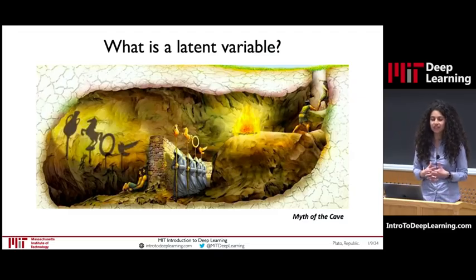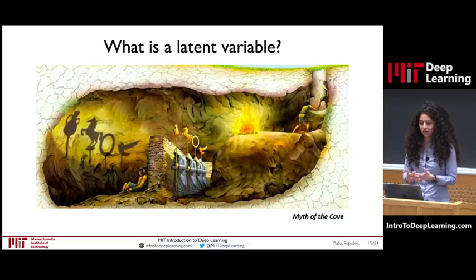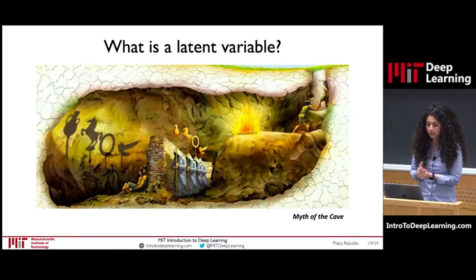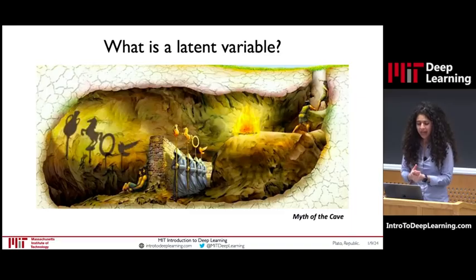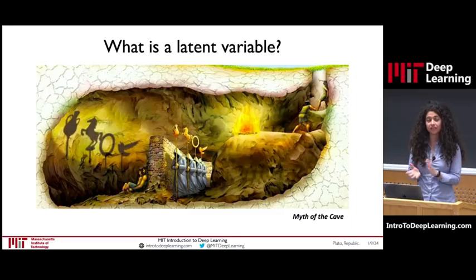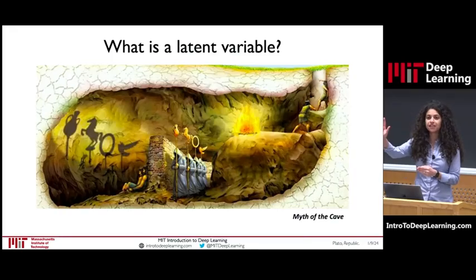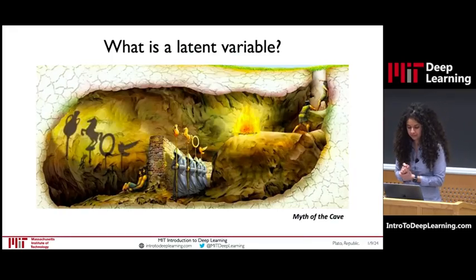The example that I love to use to illustrate this is a story from Plato's work, The Republic, dating back many years to ancient Greece. This is known as the myth of the cave. In this myth, there are a group of prisoners who are forced to stay in a cave and face a particular wall of the cave.